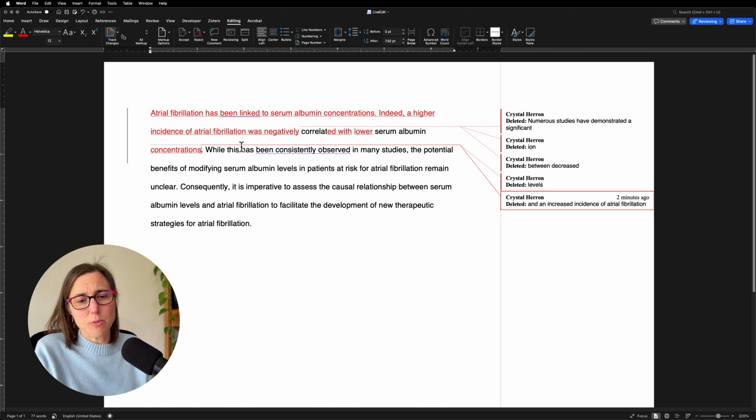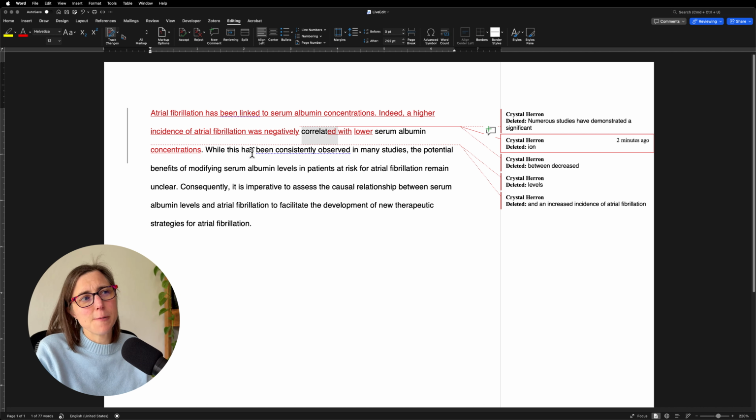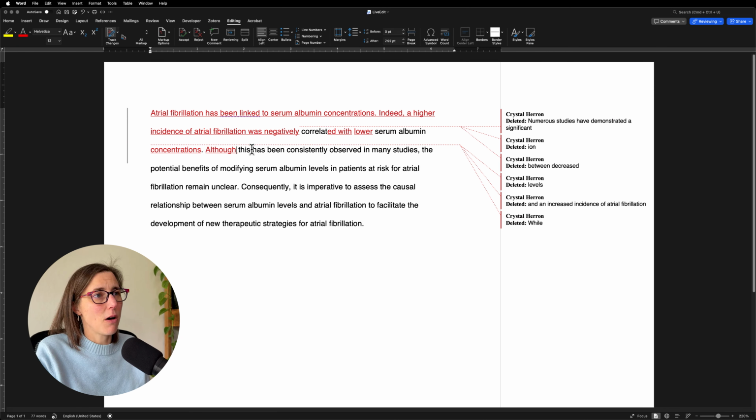I think EditGPT added "relationship" and "association." I would say "correlation" because we have "correlated" here, and so we have that similar term to help create a stronger connection. So I'm going to make those changes. We're going to end up doing something different, but I'm going to make those two changes just so that you can see them. We changed "while" to "although" and "this" to "this correlation," and then we're going to keep going.